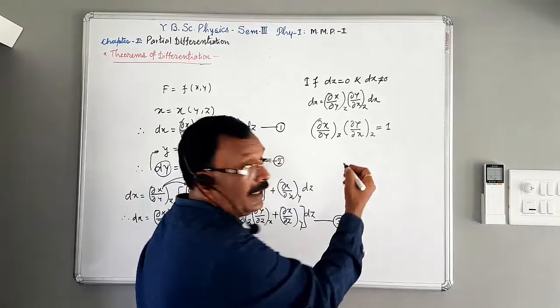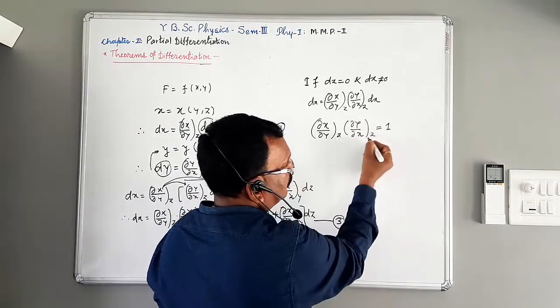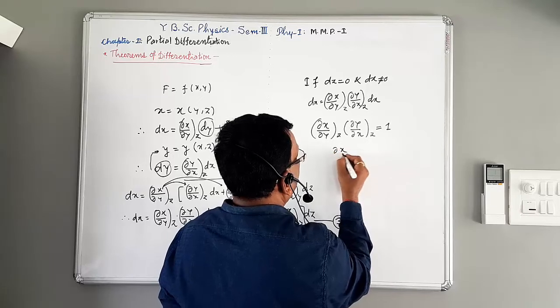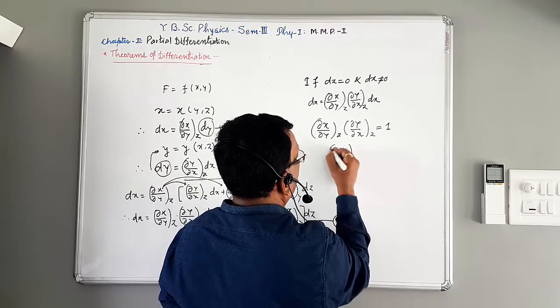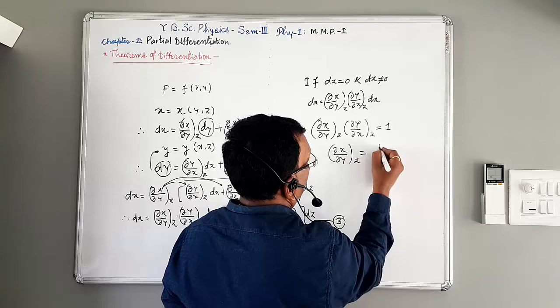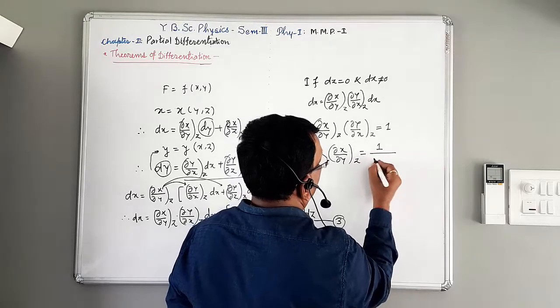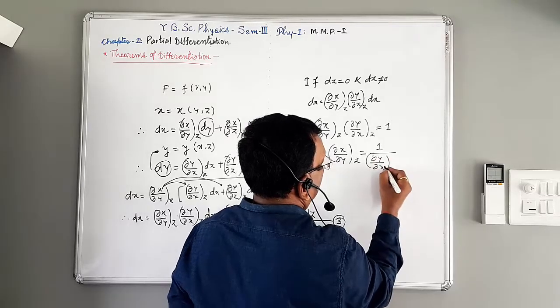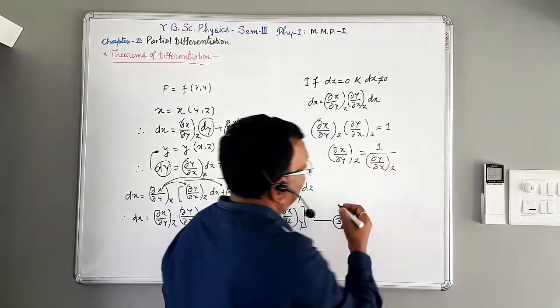From this equation we can write, taking this term toward the RHS, delta x by delta y at constant z is equal to 1 upon delta y by delta x at constant z.